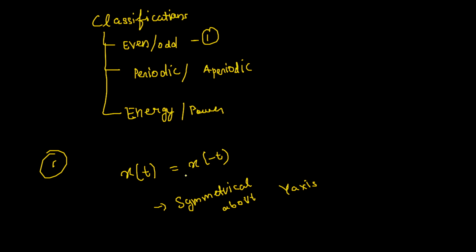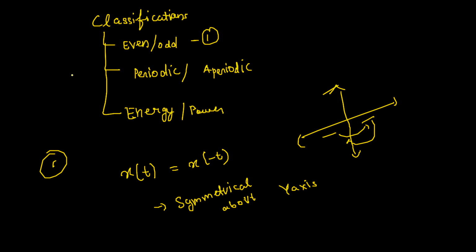Even if you perform time reversal, the function does not change. What happens in time reversal is everything on the positive side goes to the negative side and everything on the negative side comes to the positive side. But if your graph was symmetrical about the y-axis, that is, everything on the positive side and the negative side were exactly the same, there is no difference when you flip things around. So that is called an even function.